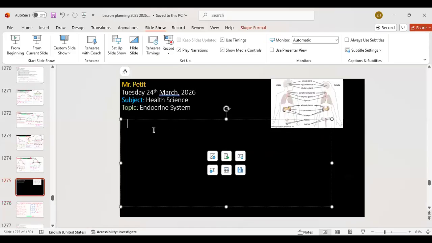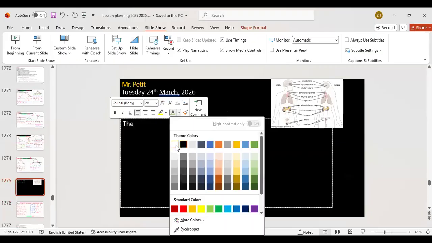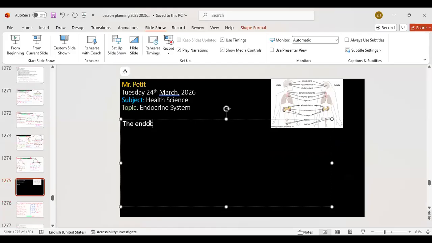So the endocrine system consists of glands and hormones.